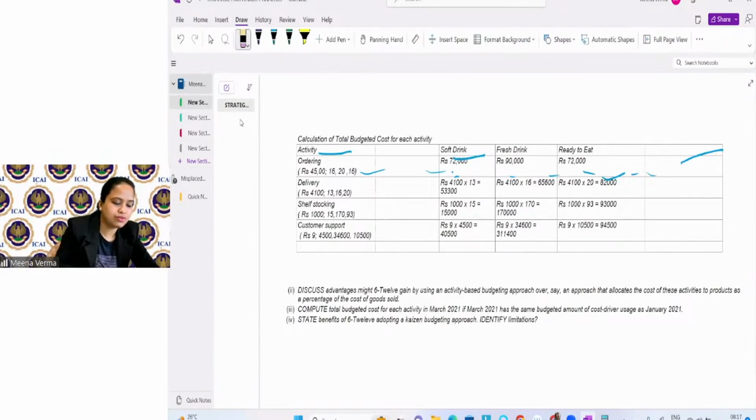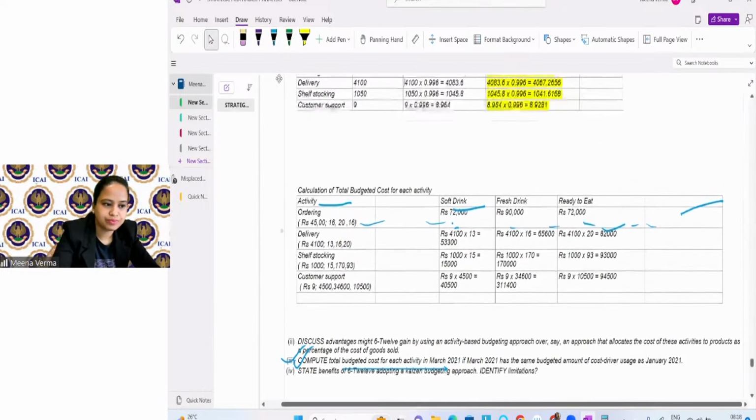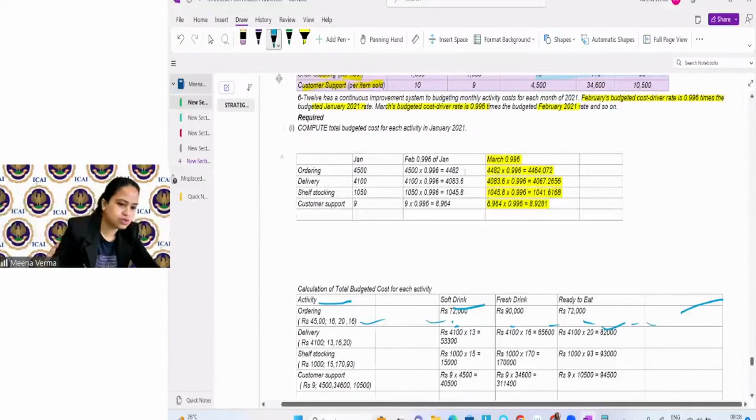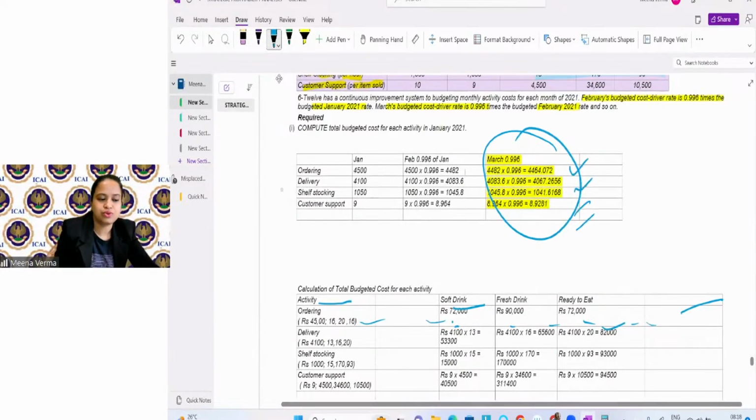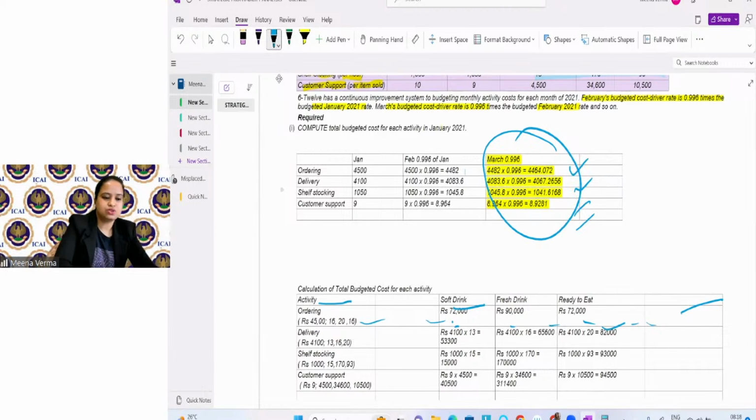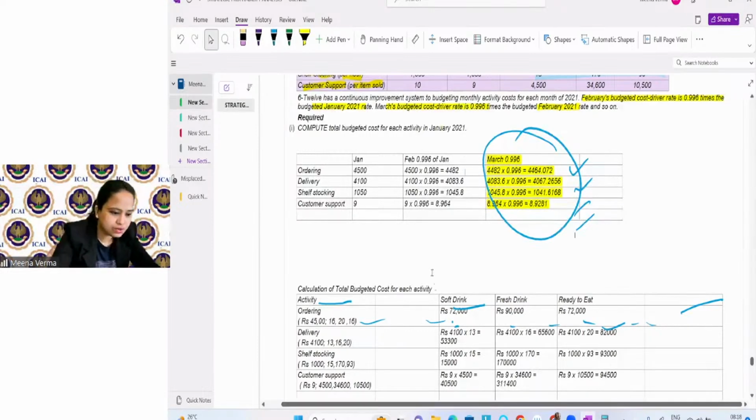It is given here: compute the total budgeted cost of each of the activity in the month of March. You have calculated the cost of March, and now you can use it to allocate it to the product. If you want, I can replace it here only, for the month of March.